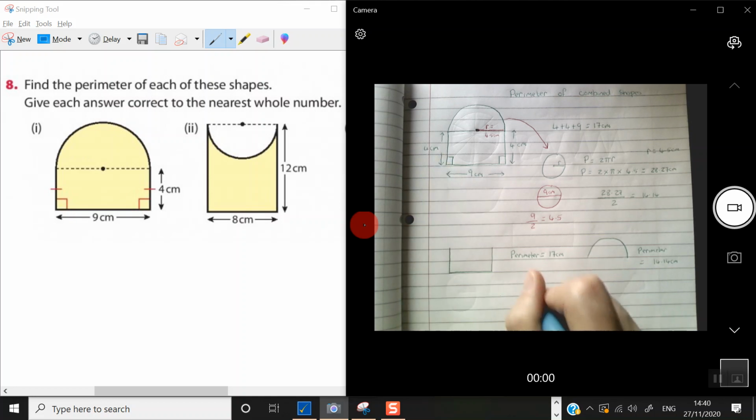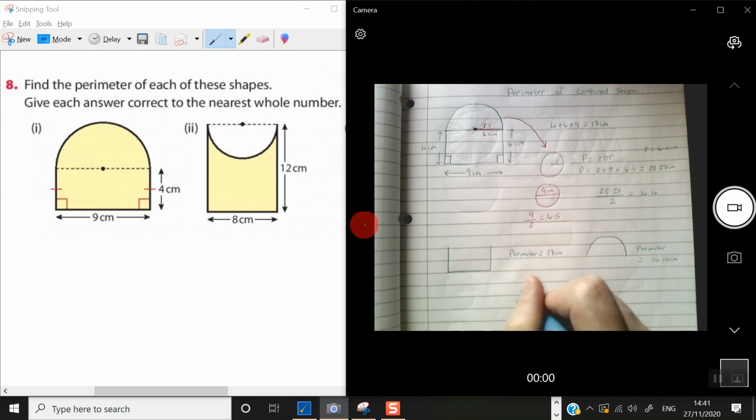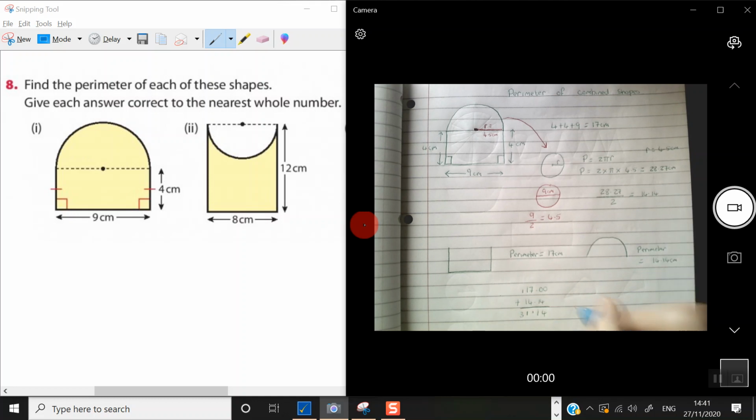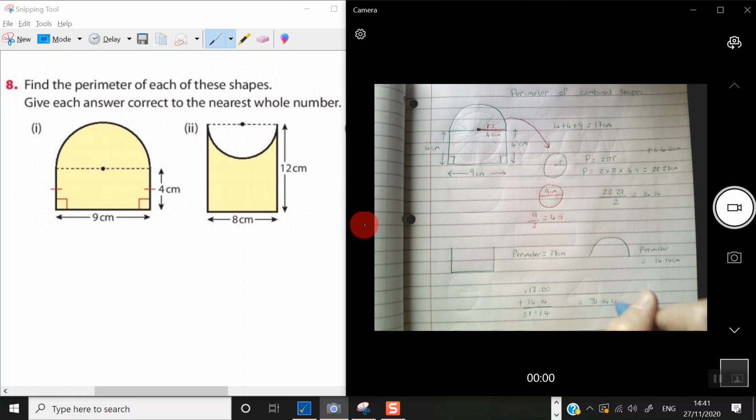So you have 17.00 and you have 14.14, and you want to add these two together. So 7 and 4 is 11, and then 1 plus 1 plus 1 is equal to 3, so it's equal to 31.14 centimeters.